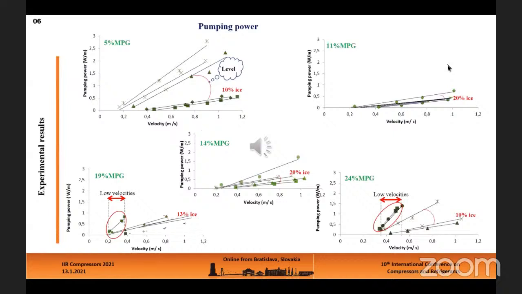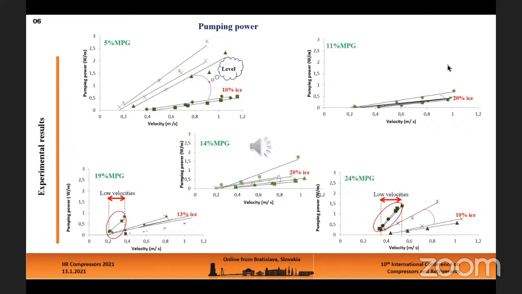In these figures, the required pumping power for the 5 fixed initial MPG concentrations is plotted versus the velocity. One can observe the linear dependence of required pumping power on velocity. One can also observe the required pumping power increases with increasing ice fraction. However, the rate of increase of pumping power from one ice fraction to another is small up to a certain ice fraction, after which it starts to increase rapidly.